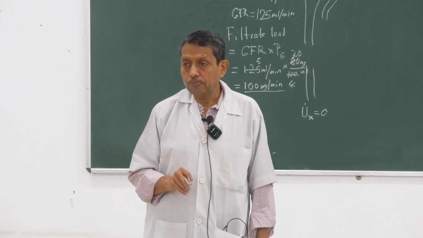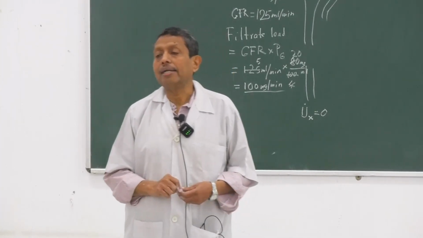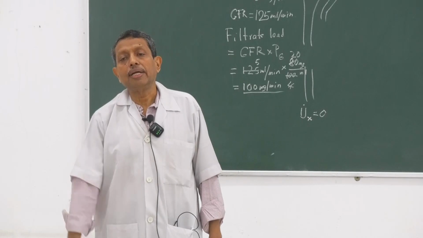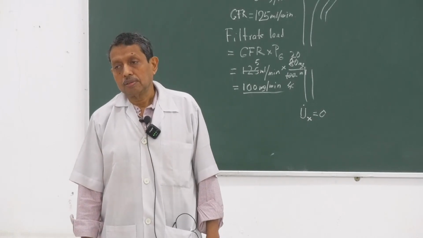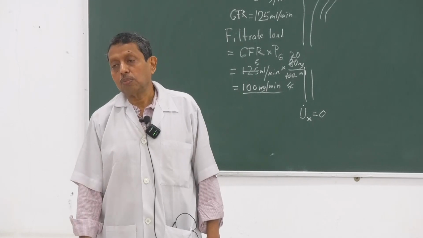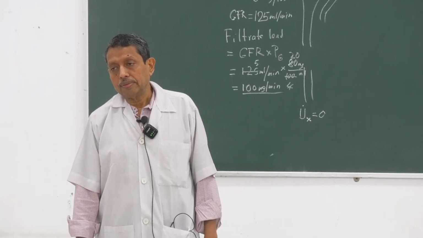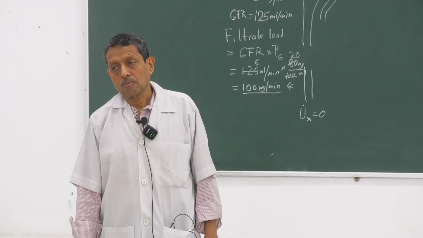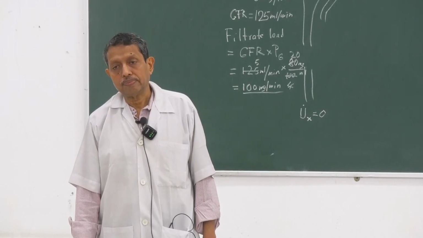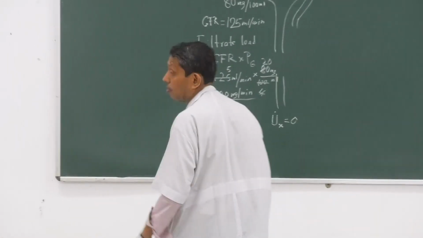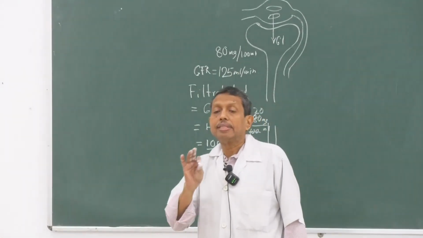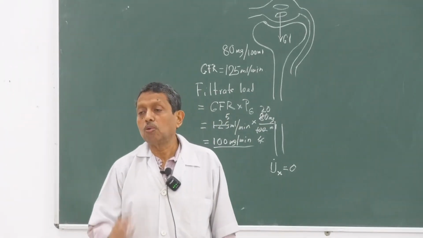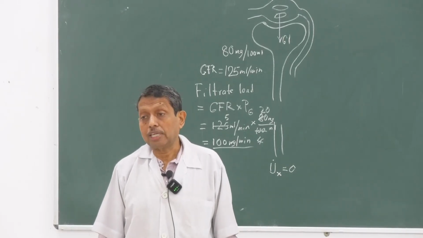So this is the filtered load, and this load is handled by the millions of tubules and reabsorbed, and you can get whatever amount of urine, and if you subtract, then you get the amount of reabsorption. And whenever there is a limit beyond which tubules cannot reabsorb glucose, that is called TMG, or transport maximum of glucose.